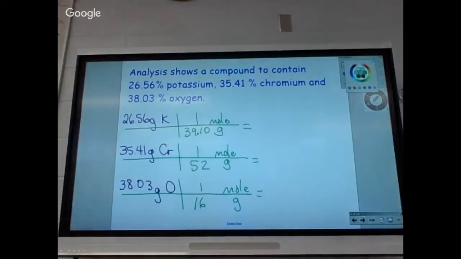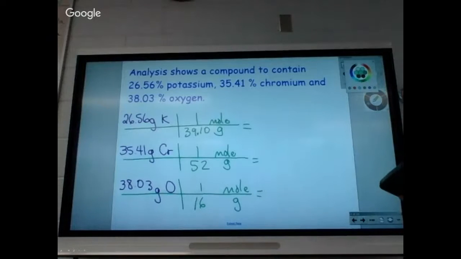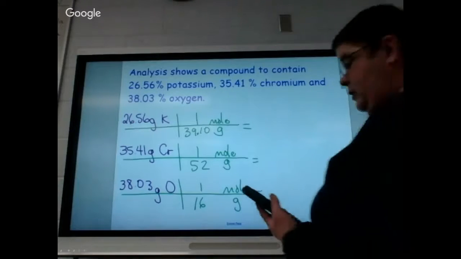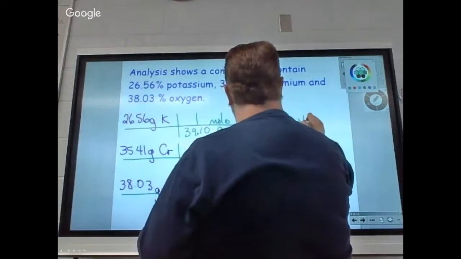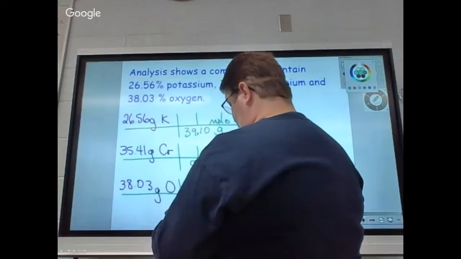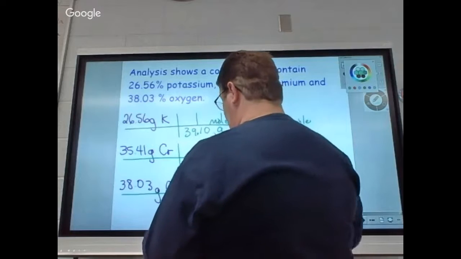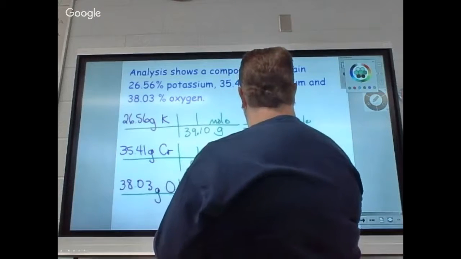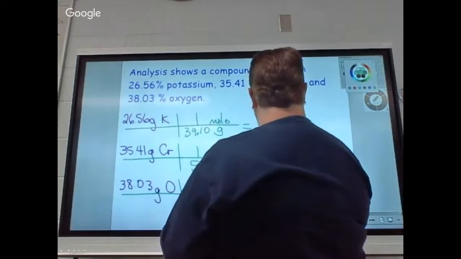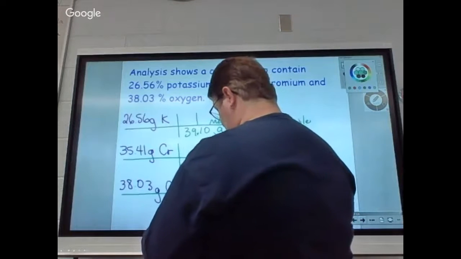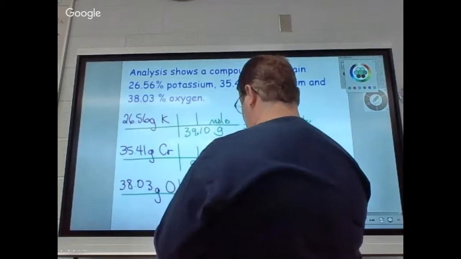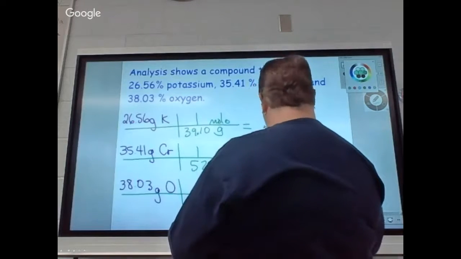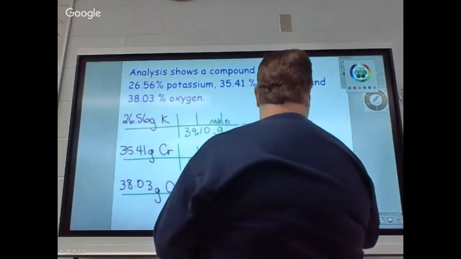All right, so 26.56 divided by 39.1 is 0.679. 35.41 divided by 52 is 0.680. And 38.03 divided by 16 is 2.376 moles.